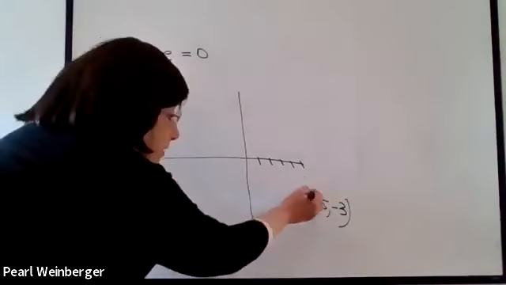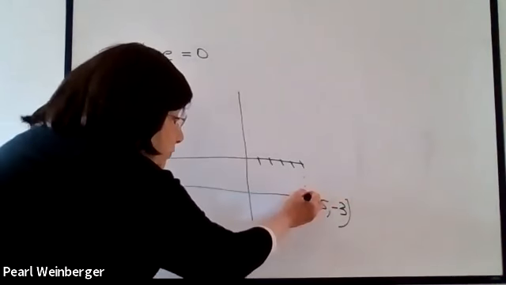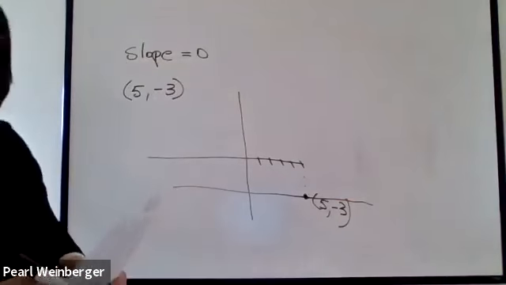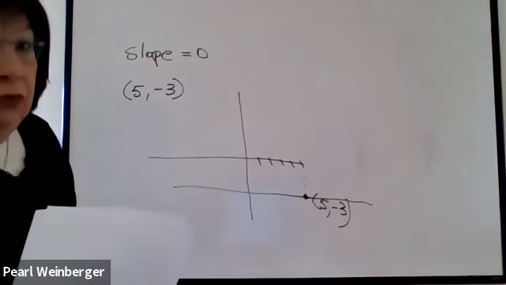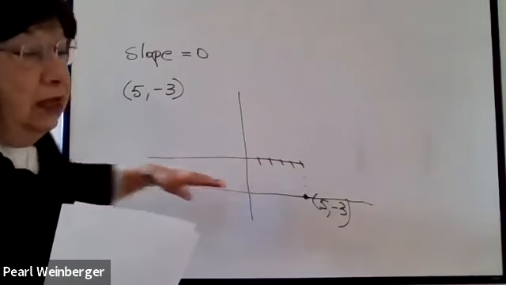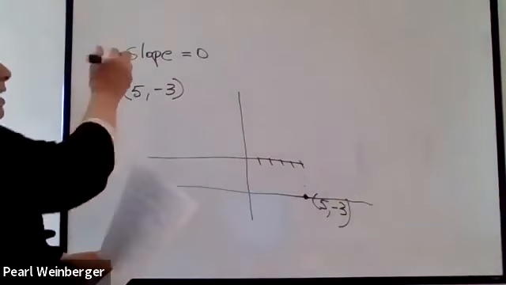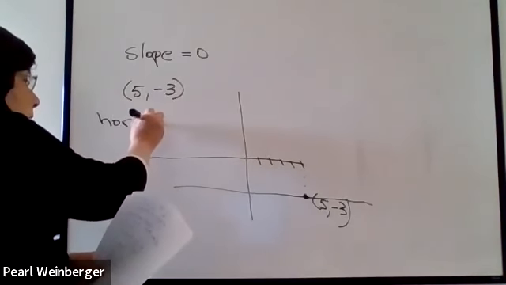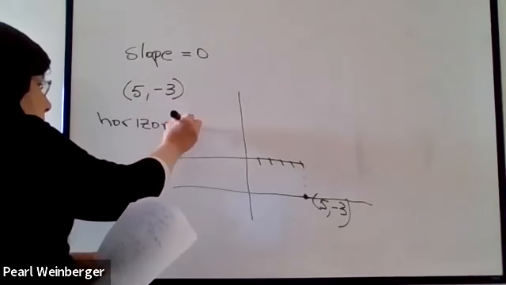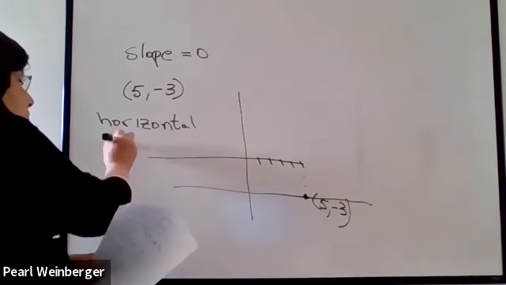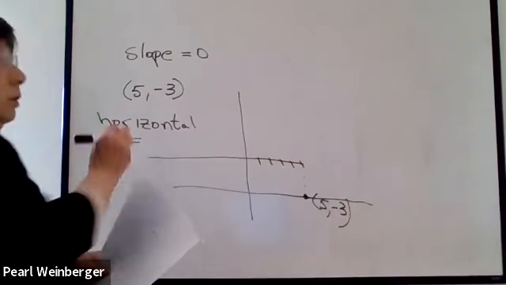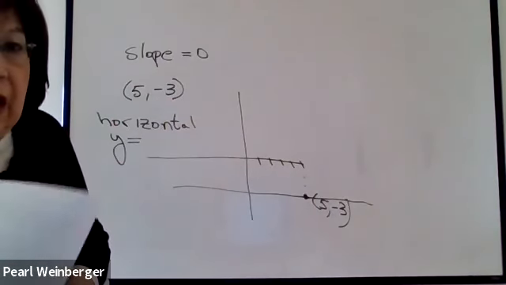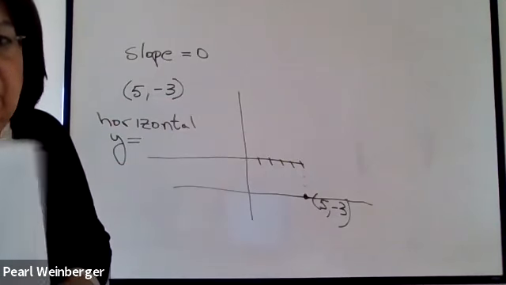What we're asking for is the equation of this line. Now, if you remember what we said, horizontal lines always have equations y equals a number. A horizontal line will not have an x in its equation.